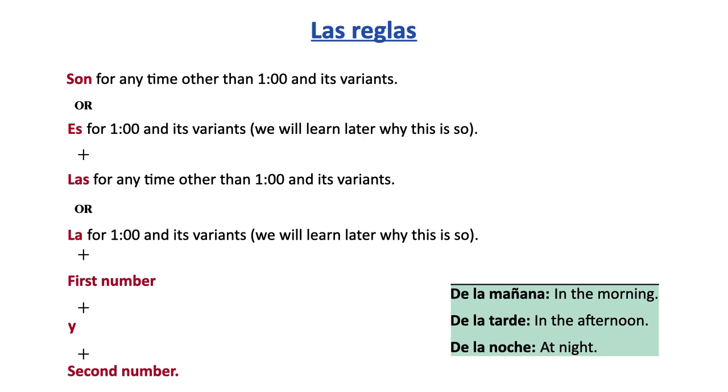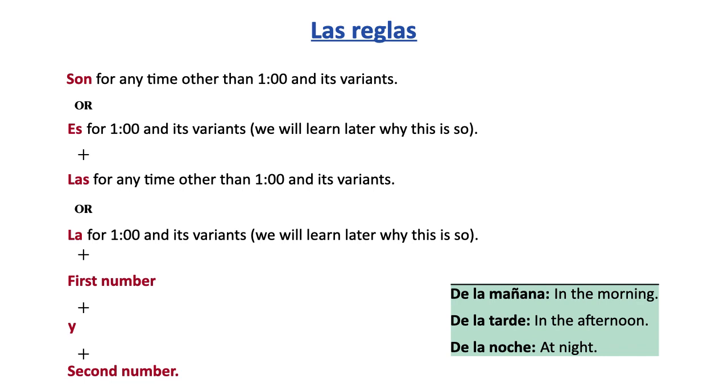I always start with son, but only for any time other than 1, and its variants, like 1:05, 1:07, whatever starts with 1. In that case, I don't use son, I use es. So the first word is either son or es. Es for 1, son for all the others.